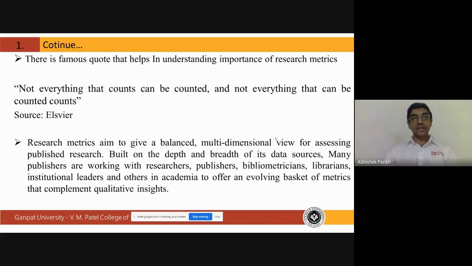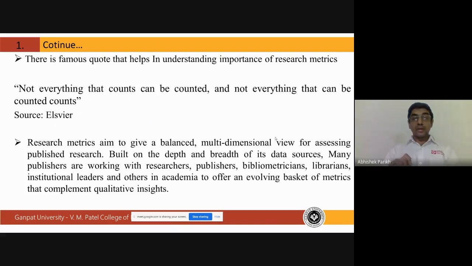Research metrics is aimed at giving this balanced, multidimensional view for assessing published research. Again, I am using the words published research. If you have a publication and you want to quantify its quality, research metrics is very important.